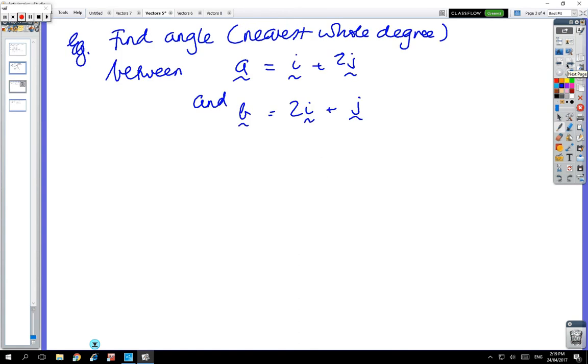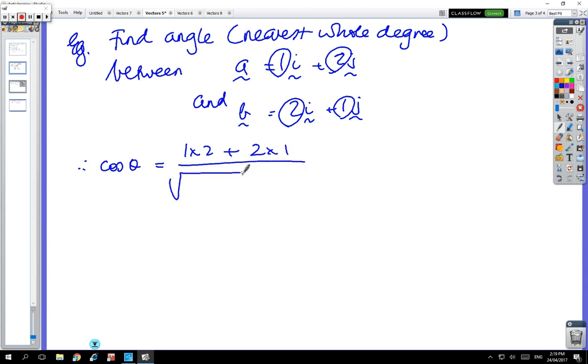Find the angle to the nearest degree between i plus 2j and 2i plus j. Cos theta will equal 1 times 2, plus that number times that number, over the square root of 1 squared plus 2 squared multiplied by 1 squared plus 2 squared.